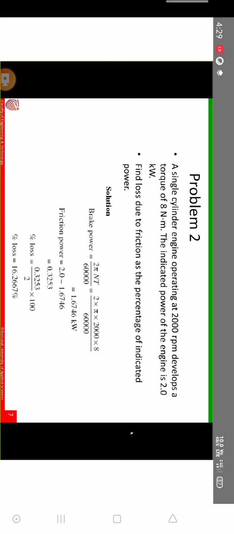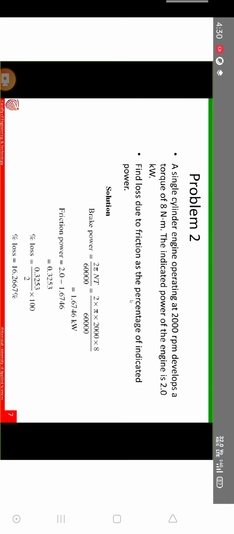The next question is to find the loss due to friction as a percentage of indicated power. If you want to calculate the friction power, obviously you need brake power as well as indicated power.